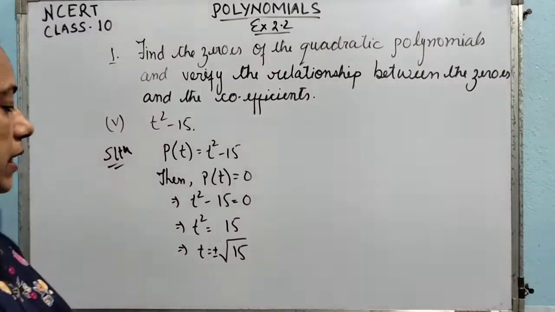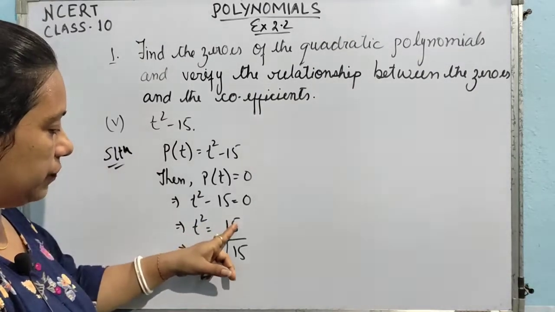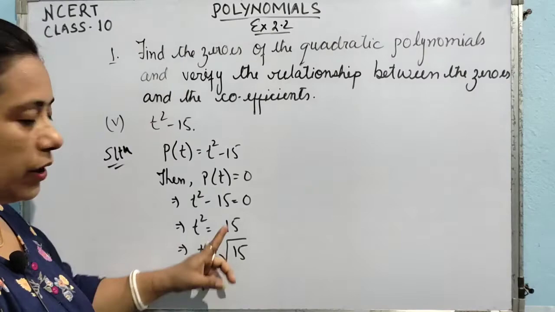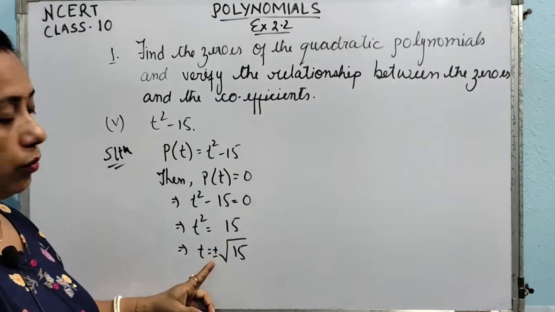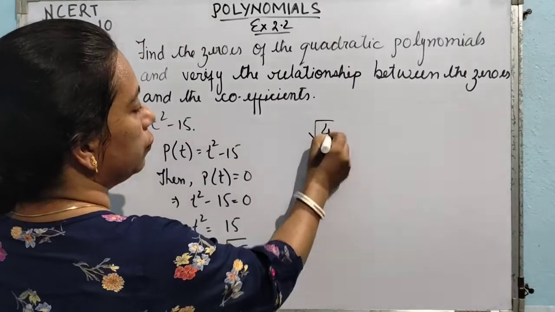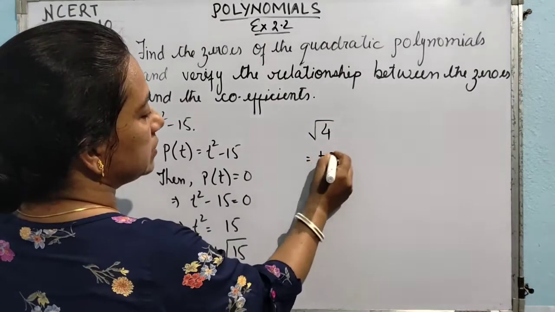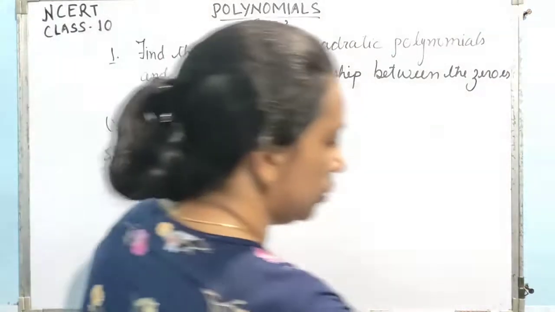So here when we are considering t square equal to 15, then t is equal to square root of 15 means plus minus root 15, means one will be the positive one and the other one will be negative one. See, when you are finding out the square root of 4, it is ultimately plus minus 2, isn't it? So square root of 15 is plus minus root 15.